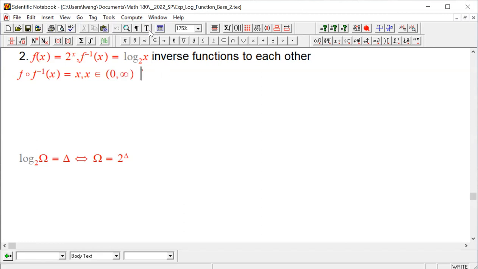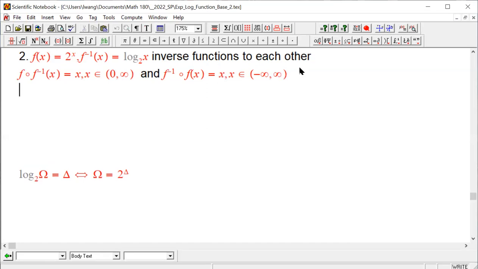And the other property also works, F inverse composite with F. This time the x is from the domain of F. What is the domain of F? All real numbers. So this x, even though they're both called the same name, they are from different intervals. In other words, these symbols are mere placeholders, okay?